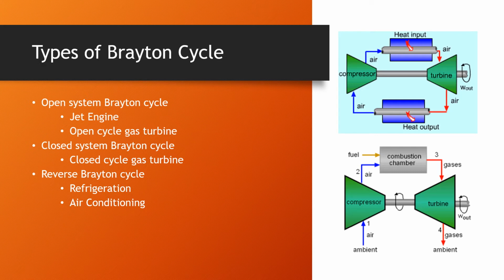So instead of work being done on the turbine by the fluid, you'd have the fluid reject heat out from the system. Basic examples are refrigeration and air conditioning cycles. There are other Brayton cycles like inverted Brayton cycle, solar Brayton cycles, and hybrid Brayton cycles.